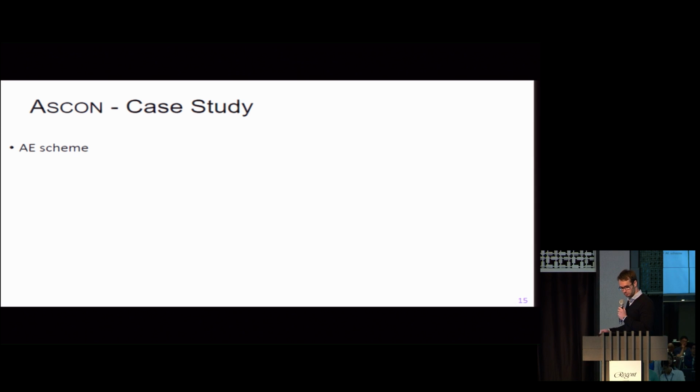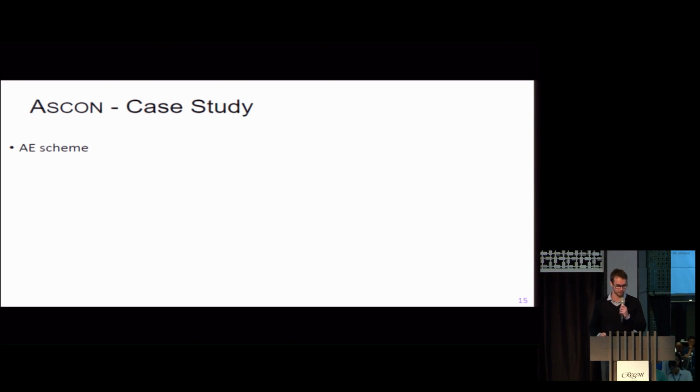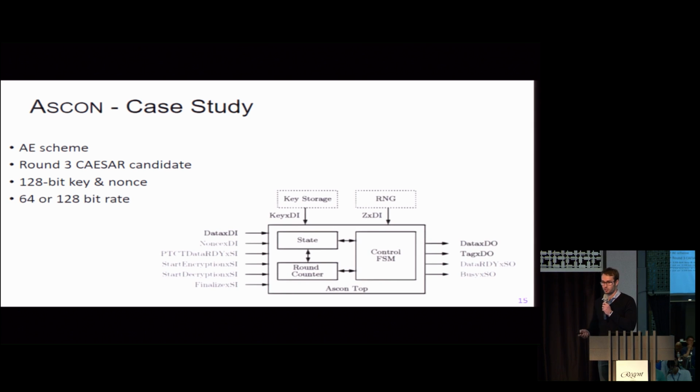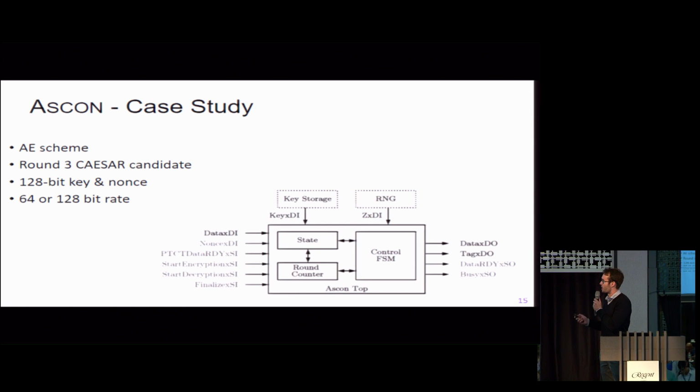To give a practical comparison, we decided on implementing the authenticated encryption design ASCON. ASCON is a 3rd round CAESAR candidate. It uses a 128-bit key and nonce. It has an adjustable rate with 64 or 128 bits. And this is basically how our hardware design looks.